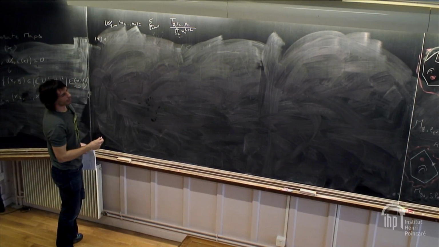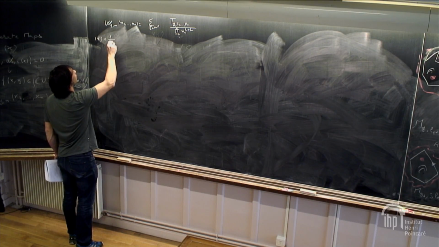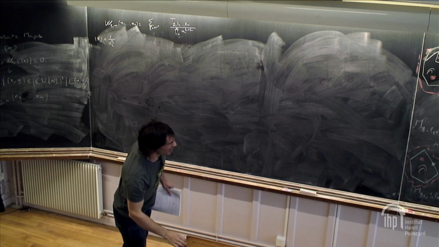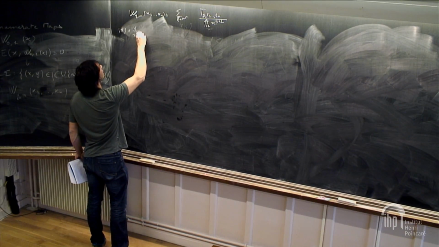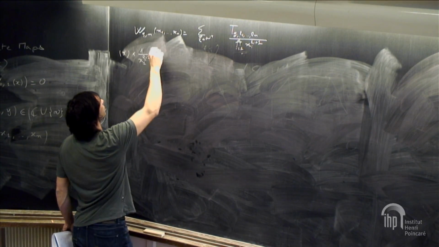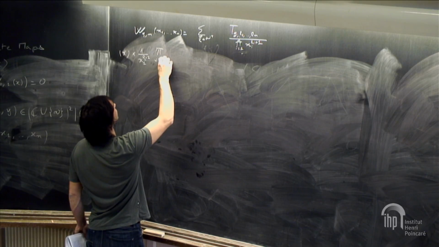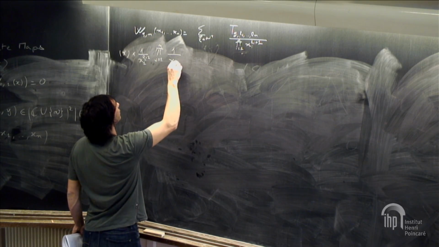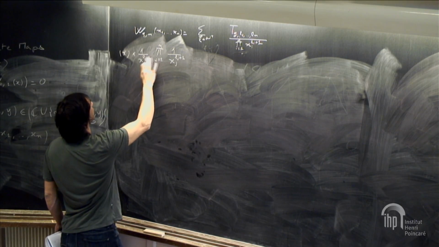I multiply it by 1 over x1 to the power L1 plus 1, times the product from j equals 2 to n of 1 over xj to the power Lj plus 1.